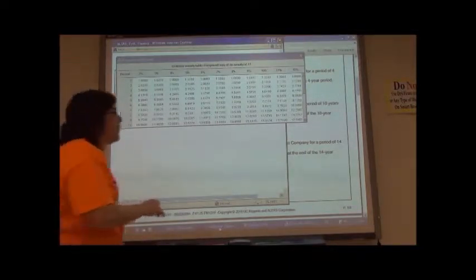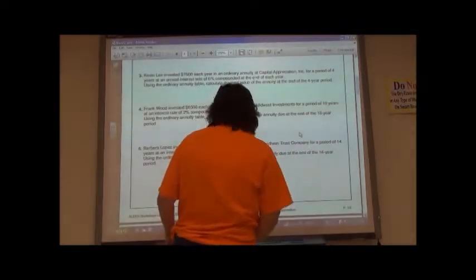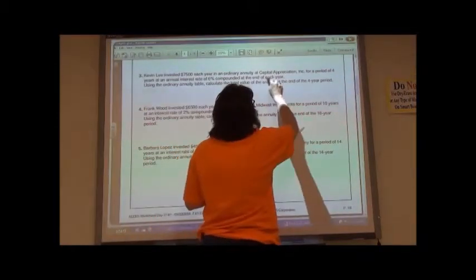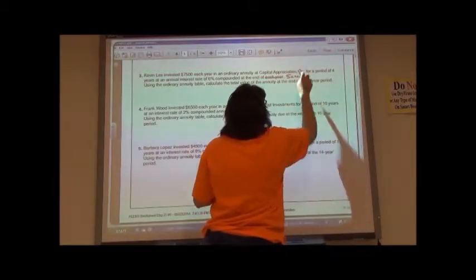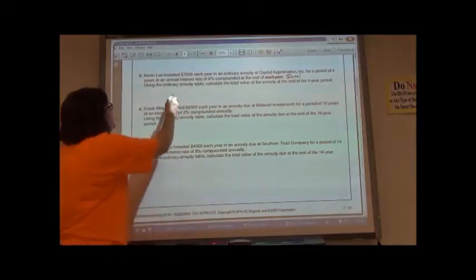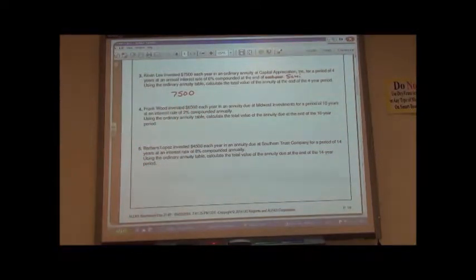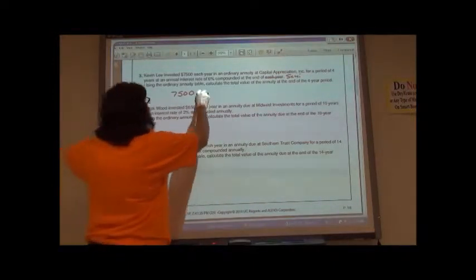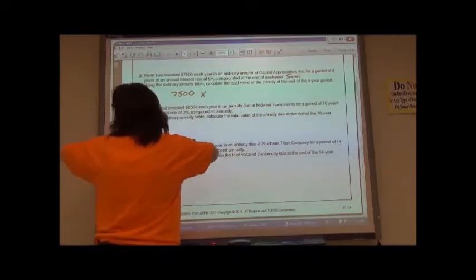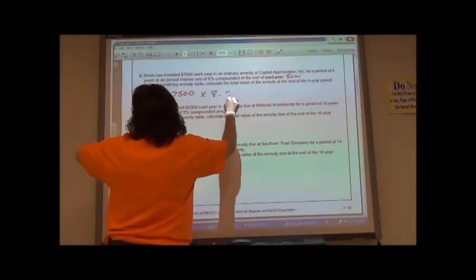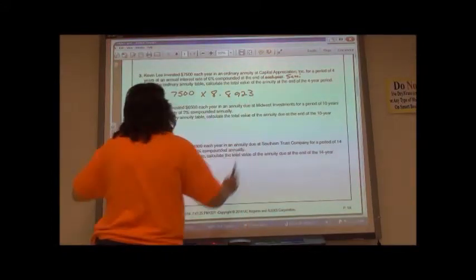8.8923. And so when I go over here, again, we did it semi-annually. And so we have $7,500 that we're putting in at the end of each semi-annual period. And we are going to leave that in there for 4 years. So we're going to multiply by 8.8923.